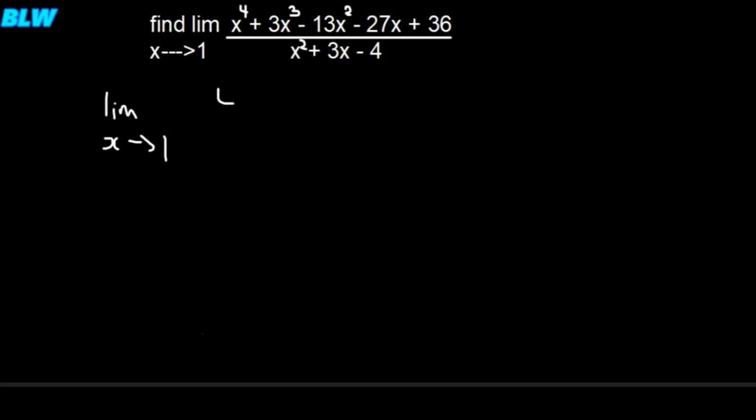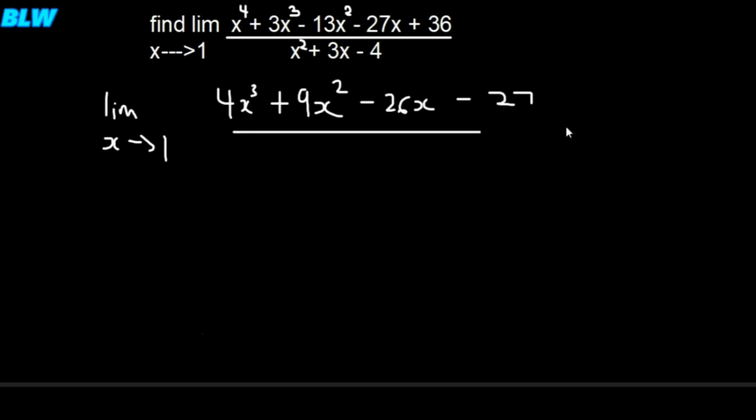So that will be 4x cubed plus 9x squared minus 13x, this will be 26x minus 27, all divided by 2x plus 3.